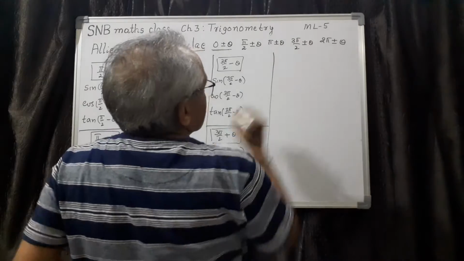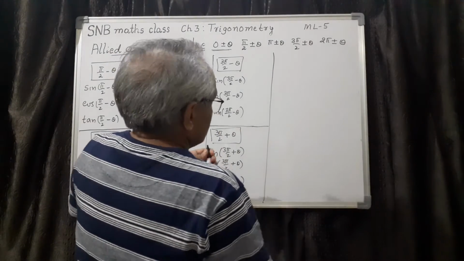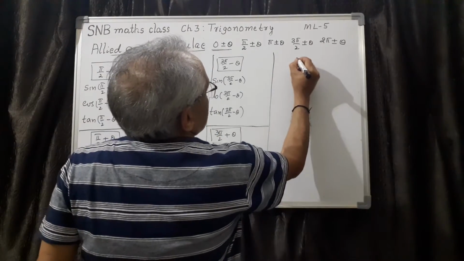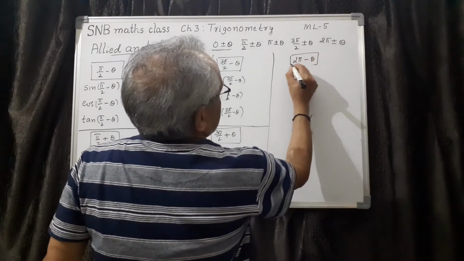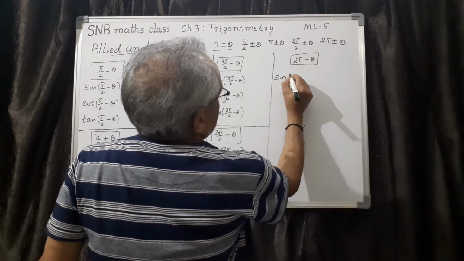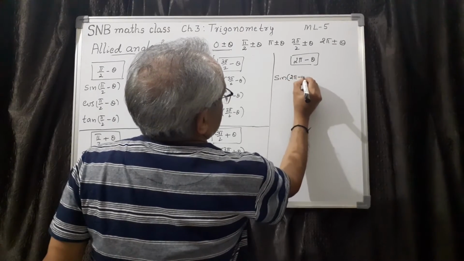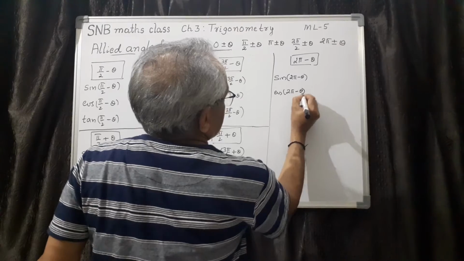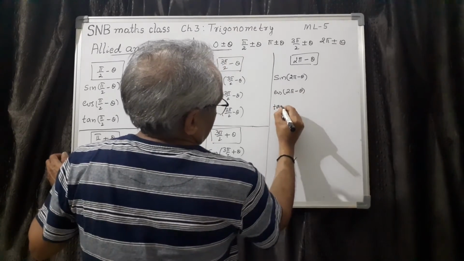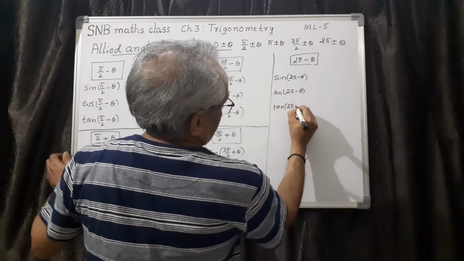So here the last set I have. The first one is 2 pi minus theta. This is the set. So sine of 2 pi minus theta, cos of 2 pi minus theta, then tan of 2 pi minus theta.